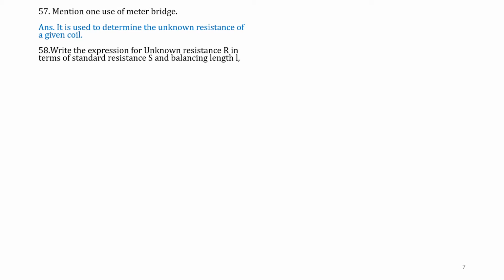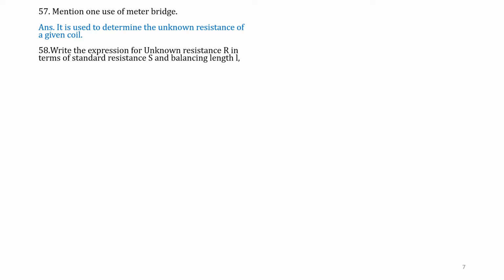Mention one use of meter bridge. Answer. It is used to determine the unknown resistance of a given coil. So, meter bridge is used to measure the resistance of a given coil.